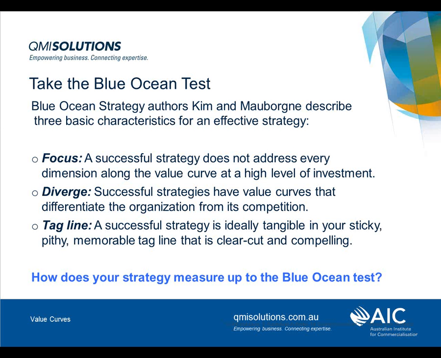They differentiated the organisation from its competition by having a gap in your value curve, something different, a divergence in your curves. And typically they captured that with a successful tagline, which is a very sticky, pithy, memorable tagline. So how do you measure up to the Blue Ocean test?